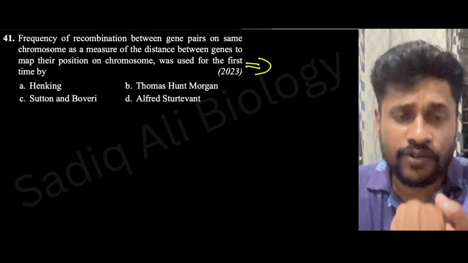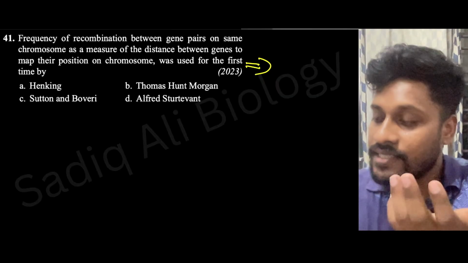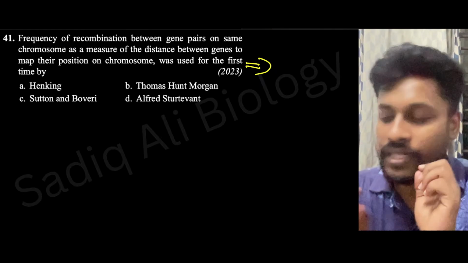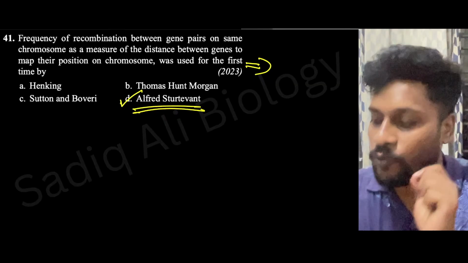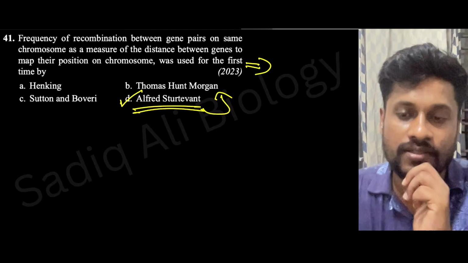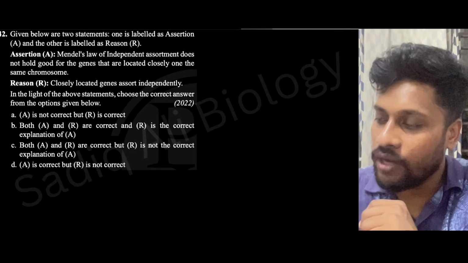Gene map, right? For gene map, the distance between genes is measured by recombination frequency. This method was developed by Alfred Sturtevant. Alfred Sturtevant was a student of Morgan. Okay, fine. 42. Given below are two statements.